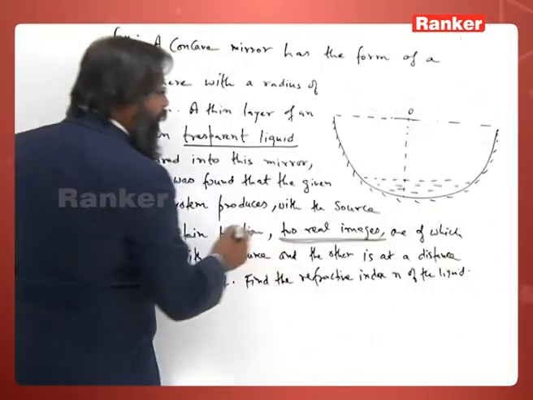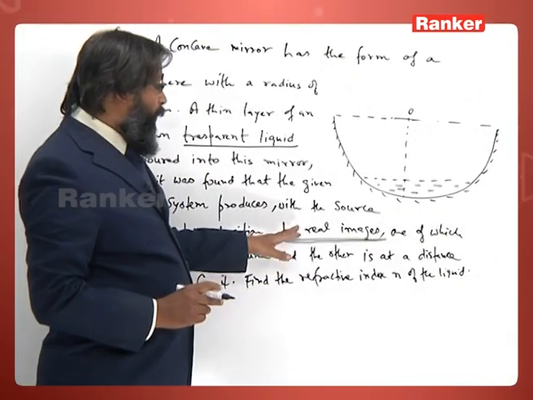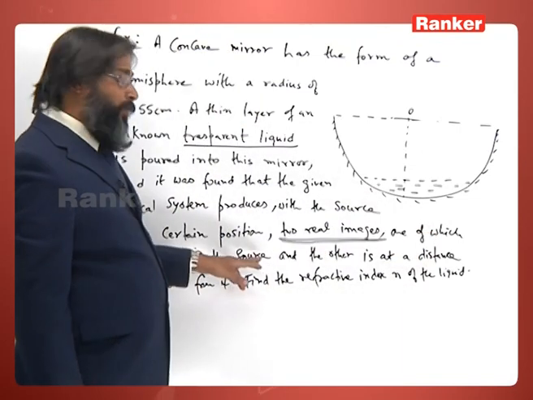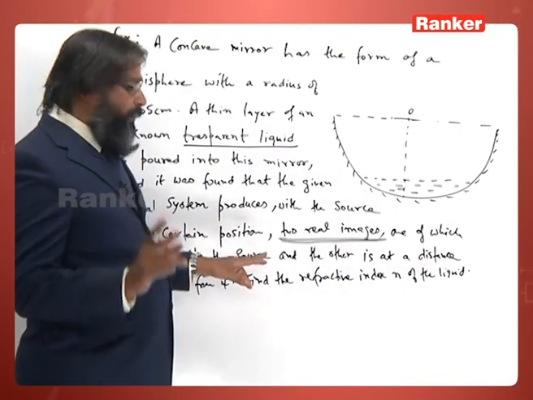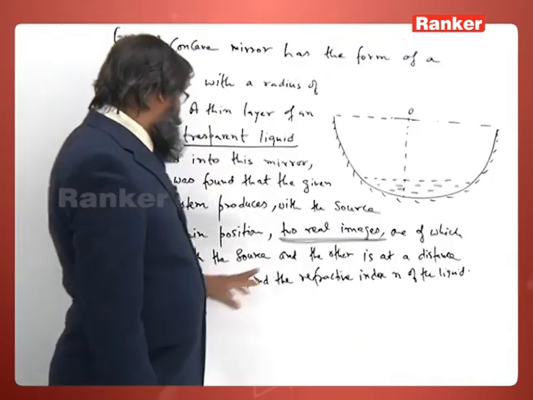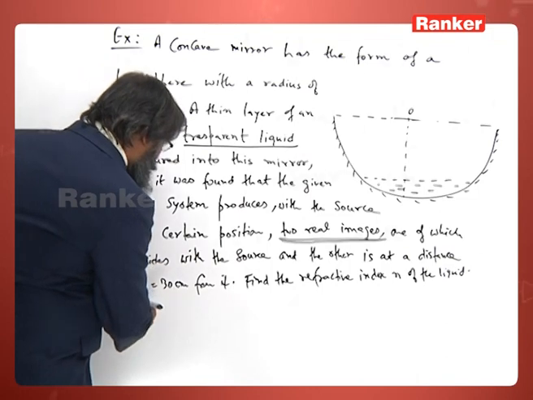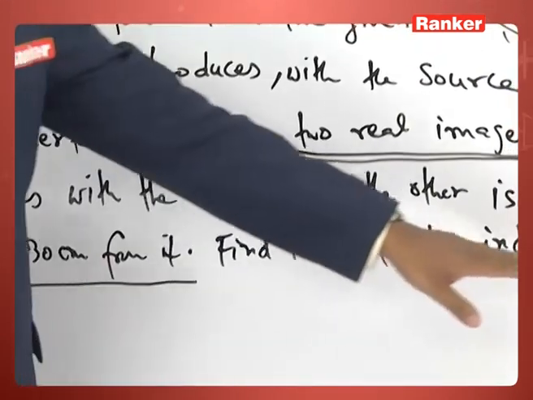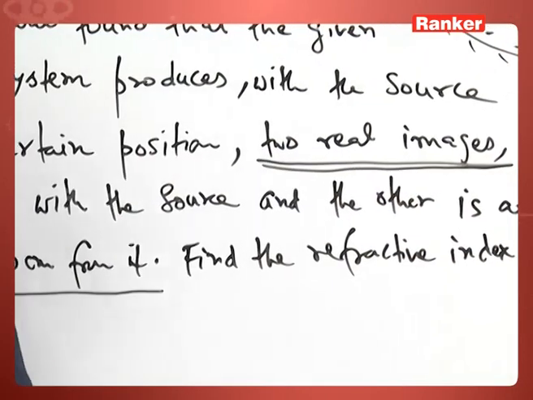Two real images are formed for a certain position of the object, one of which coincides with the source. So we have two real images, one coinciding with the source and the other is at a distance of L equal to 30 centimeter from it. Find the refractive index N of the liquid.